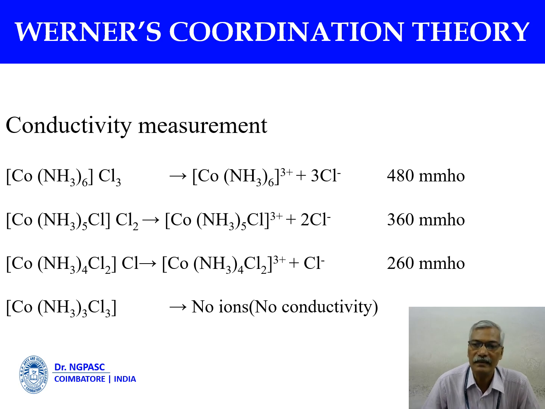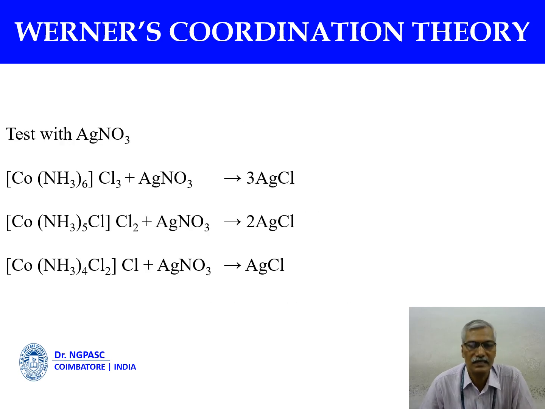Then the second important test he adopted is a simple one, the reaction with silver nitrate. We know well that silver, when it reacts with chlorine, gives silver chloride precipitate. Now every individual compound was treated with silver nitrate, and he found that compound 1, having 6 ammonia and 3 chlorine atoms, gives all 3 chlorine atoms as silver chloride.